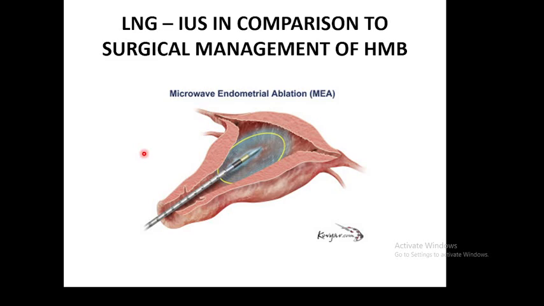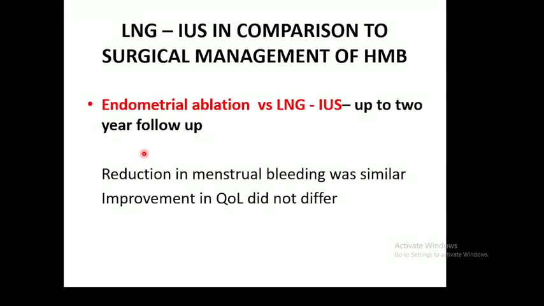Then we compare LNG-IUS versus surgical options. We don't have microwave endometrial ablation in our country, but there is evidence from other countries. In the comparison between endometrial ablation and LNG-IUS, reduction in menstrual blood loss was similar, and improvement in quality of life did not differ.